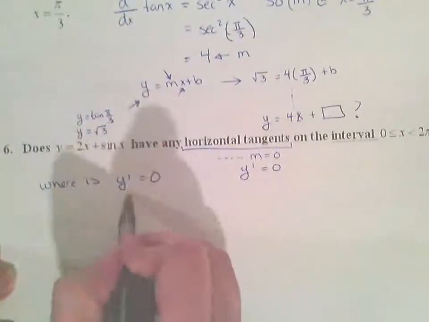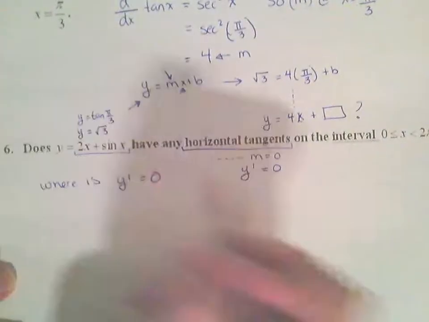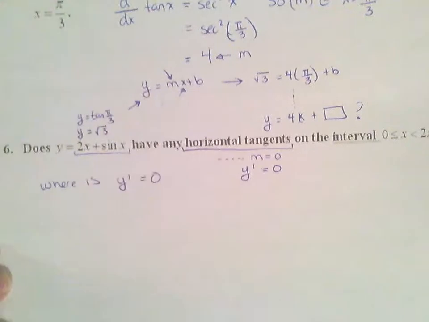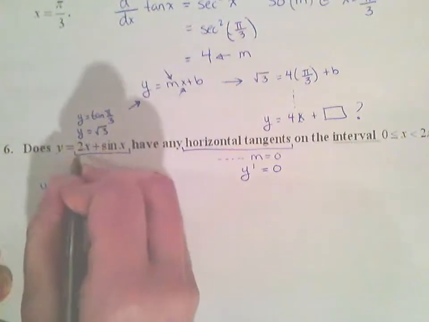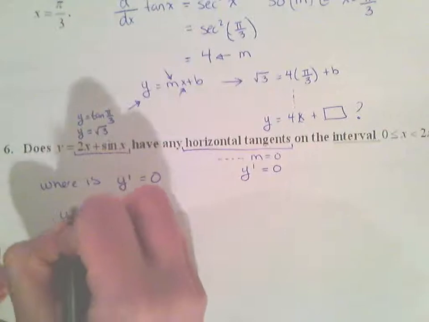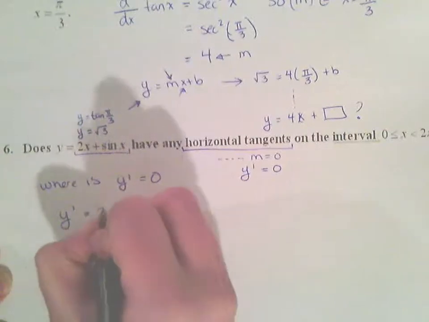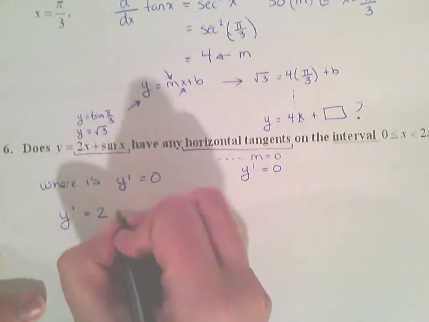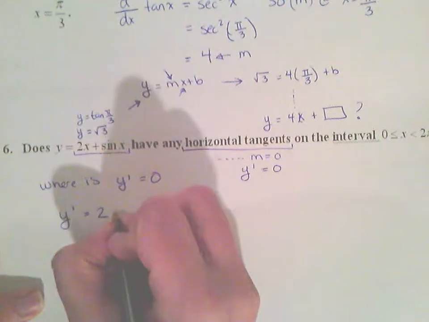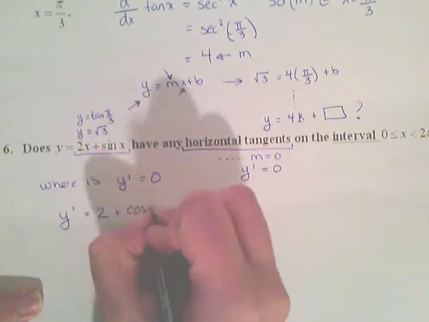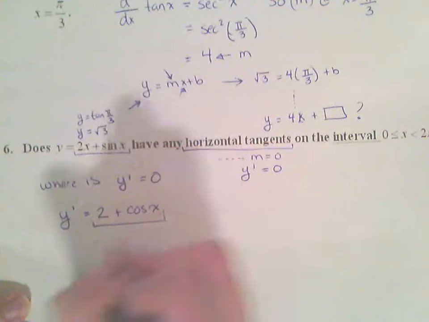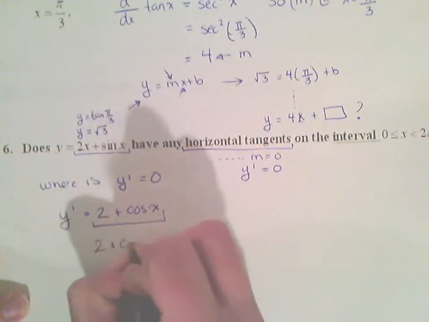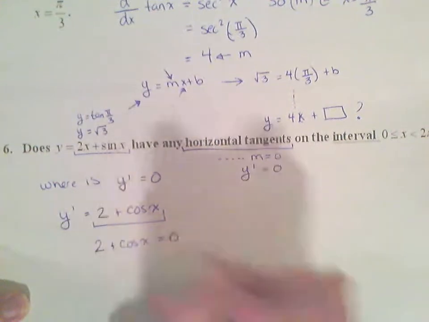In order to do that, we first have to find the derivative of this. So what is the derivative of 2x? It's 2. And then what is the derivative of sine of x? It's cosine of x. And the question is where is this guy 0? So 2 plus cosine of x is 0.